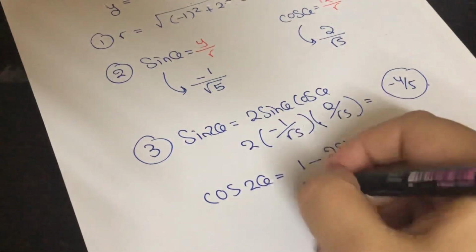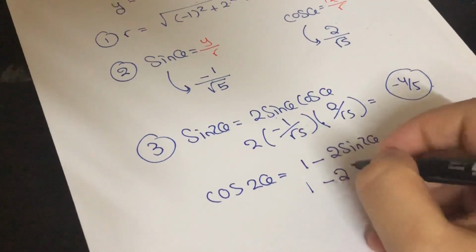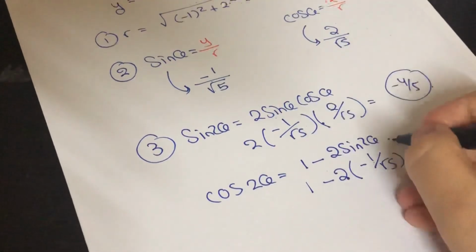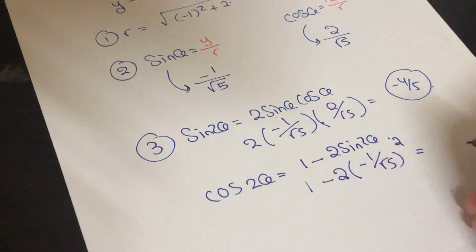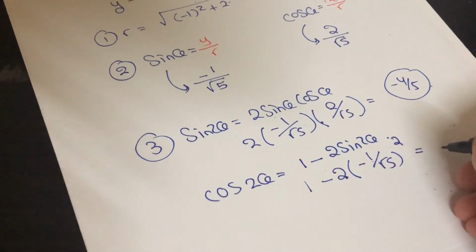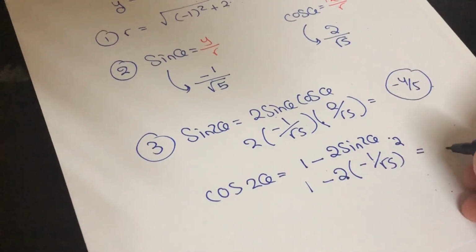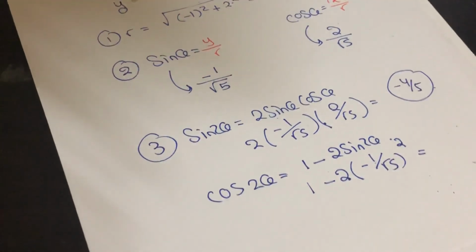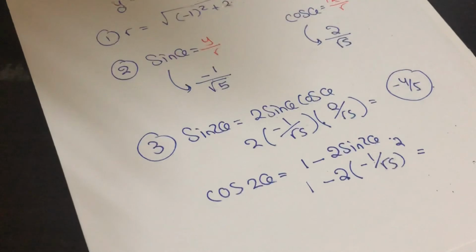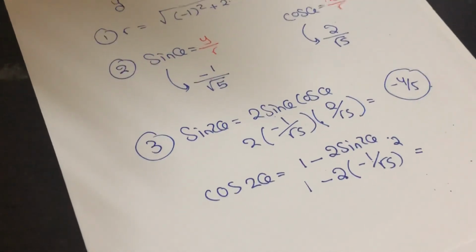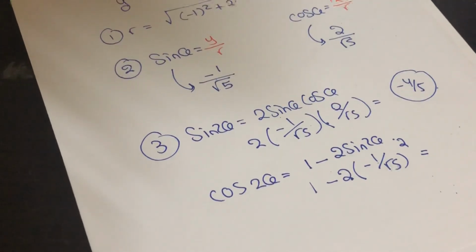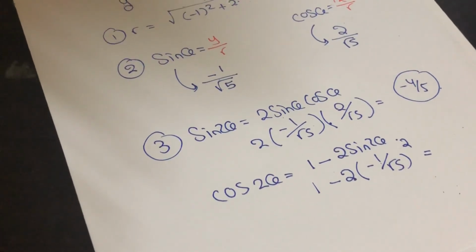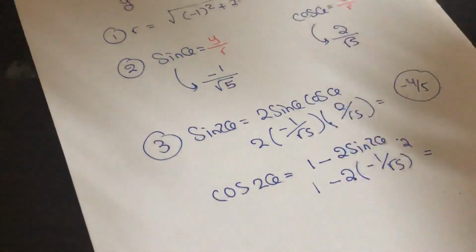So it's 1 minus twice sine squared theta, here negative 1 over root of 5, this one squared. And cosine 2 theta will come to be, I guess I'm going to calculate it, 3 over 5. 1 minus 2 times negative 1 over root of 5 squared. It's 3 over 5.